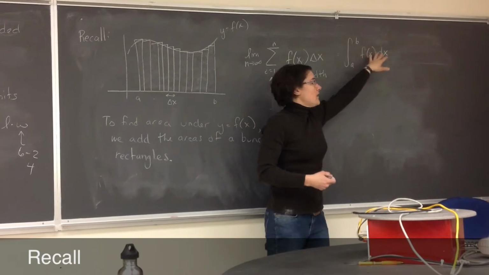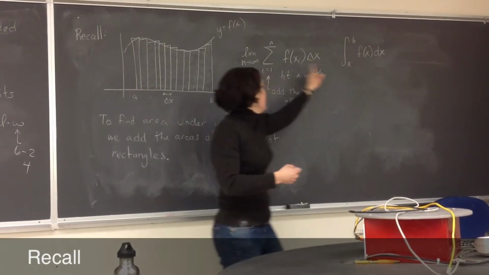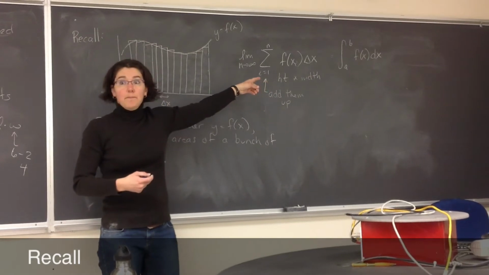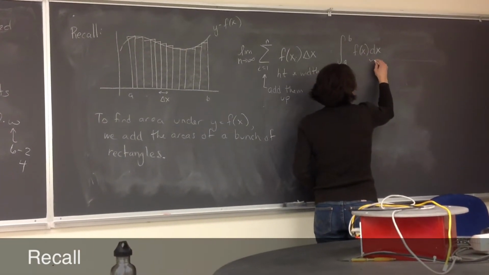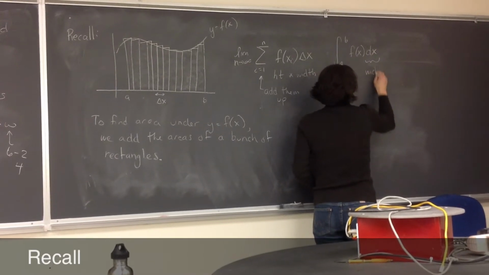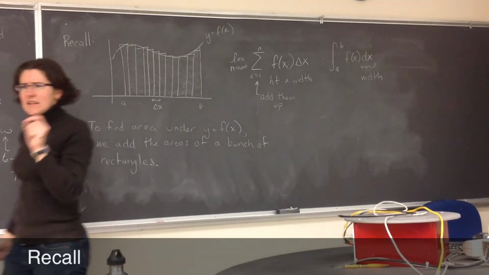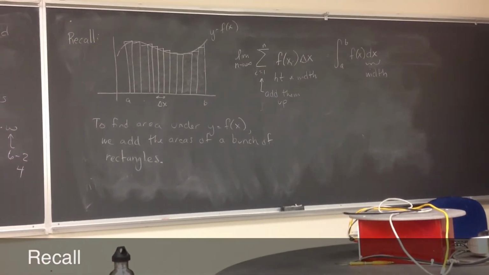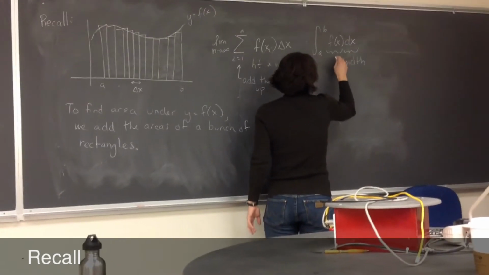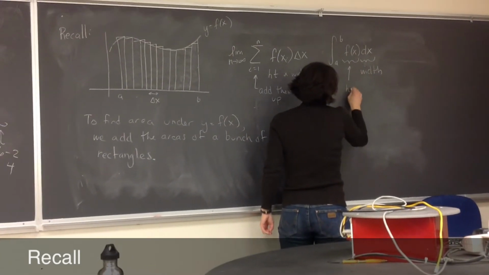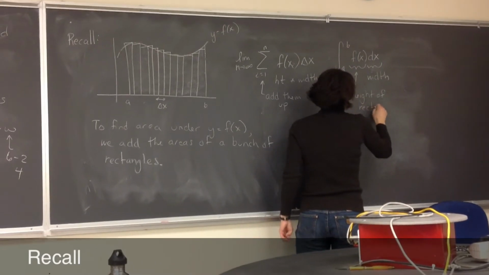And what I see over here is sort of the remnants of the notation from this Riemann sum. So over here I see this dx, which is still the width. It's just the width of a very, very, very skinny rectangle. And this f of x, well, that is still the height of the rectangle.